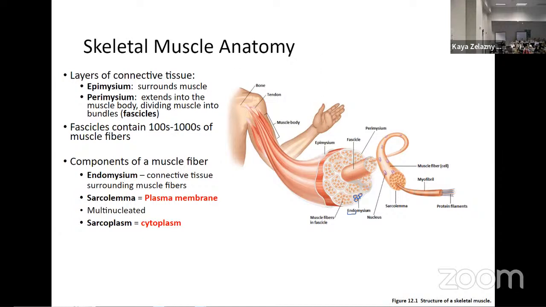Now, some other words we want to know when we're thinking about our muscle cells. Okay. So we heard the word sarcolemma in that little video at the beginning. So the sarcolemma is the plasma membrane around a muscle fiber, so a cell specifically. So we've renamed the membrane of this cell. So our sarcolemma is our plasma membrane, right?